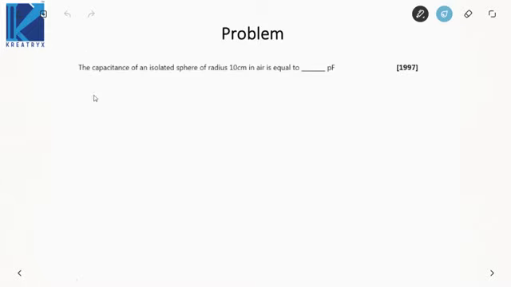So the first thing that you need to remember is the capacitance of a spherical capacitor and a cylindrical capacitor. When the capacitor is spherical, its capacitance is given as 4 pi epsilon naught divided by (1 by A minus 1 by B), where A is the inner radius and B is the outer radius.